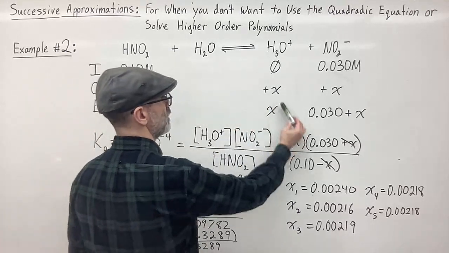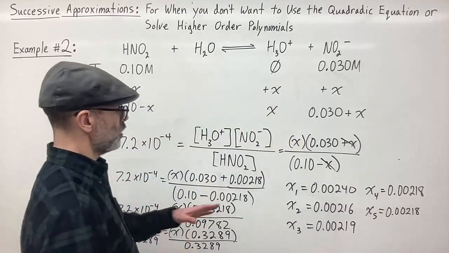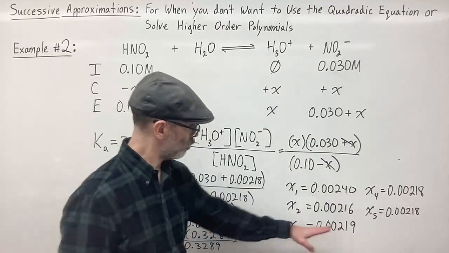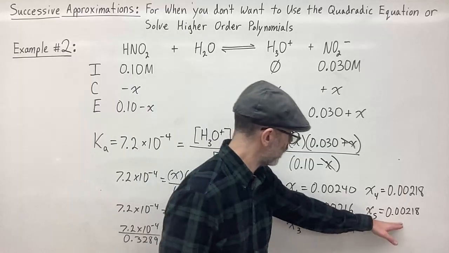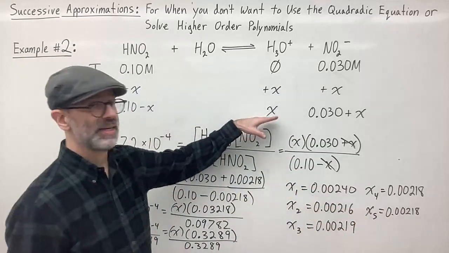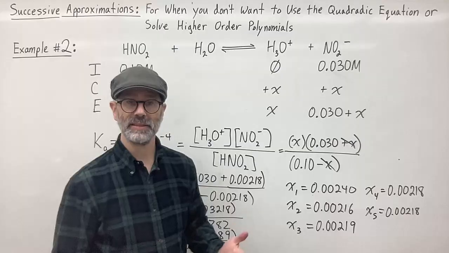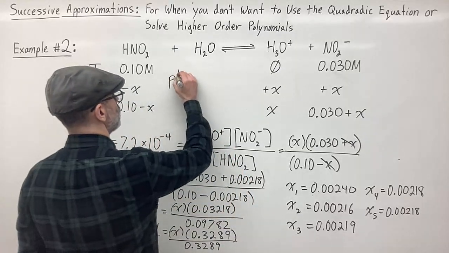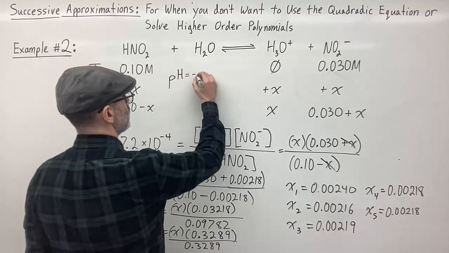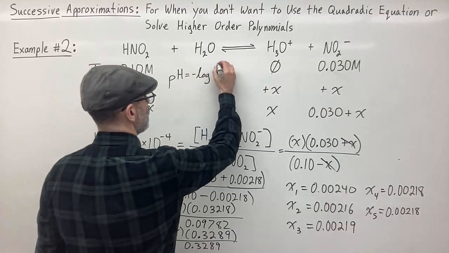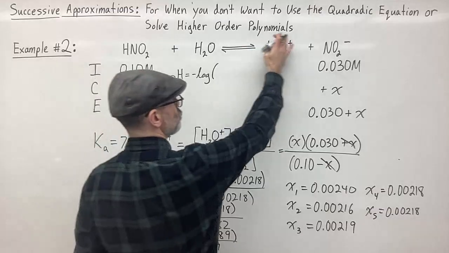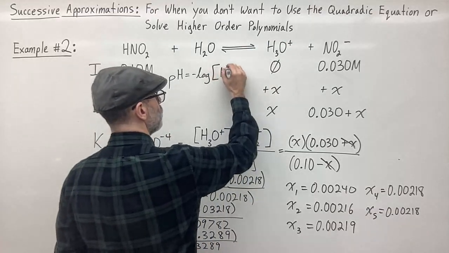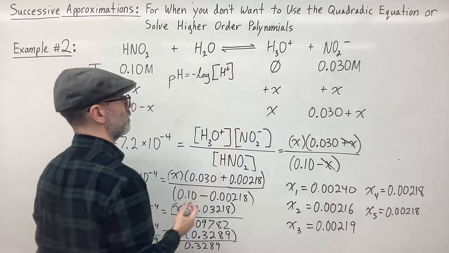So that is going to be the actual value of the x, or the change in my concentration, and in this case it'll be the hydronium ion concentration. The pH is dependent on x, so to find the pH, that's going to be equal to the negative log of the H plus concentration, or hydronium concentration.